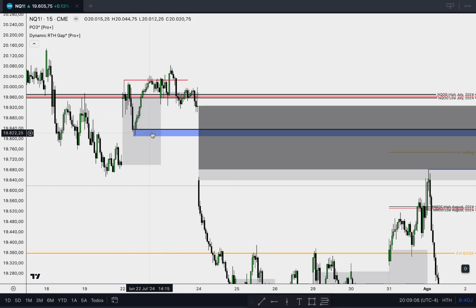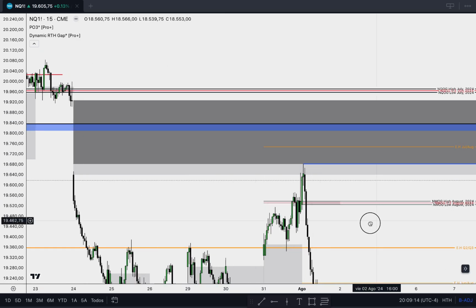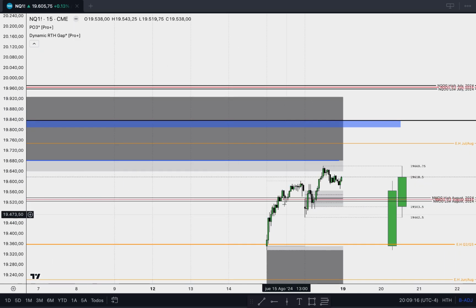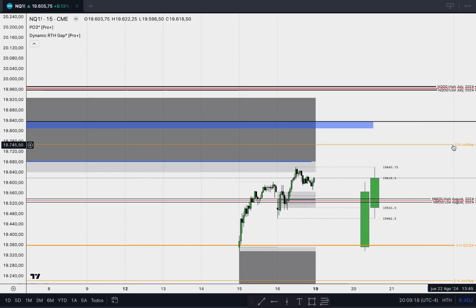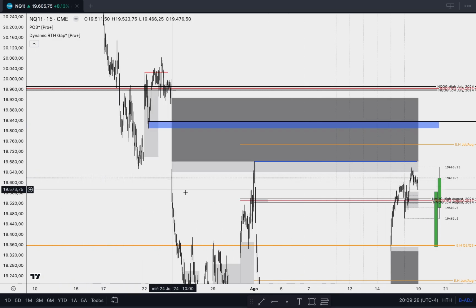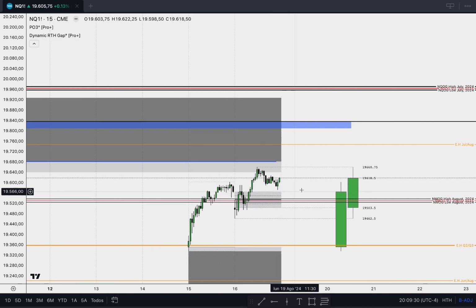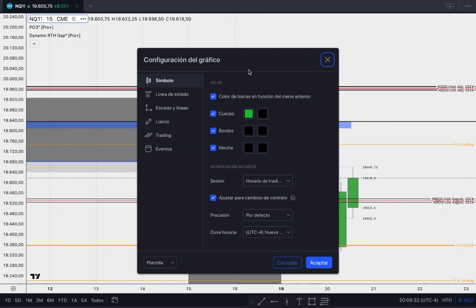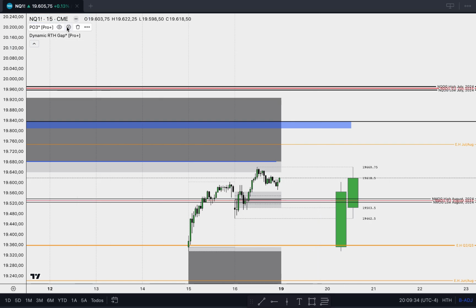So I'm expecting to use this as a support and turn it into a resistance, or once we close above this event horizon, I would like to see if we use these levels as a support to continue and then move higher. Okay, but let's see how we gap on Monday.